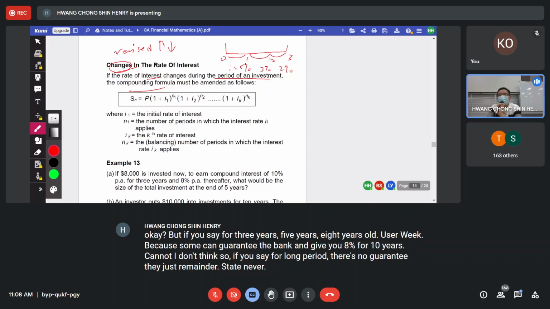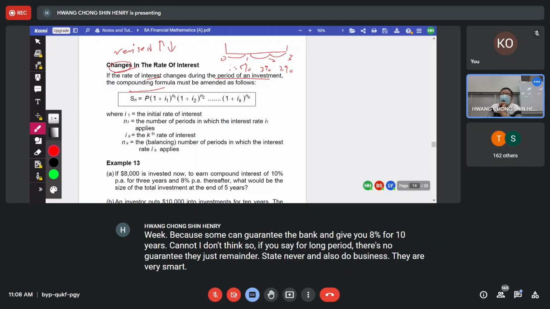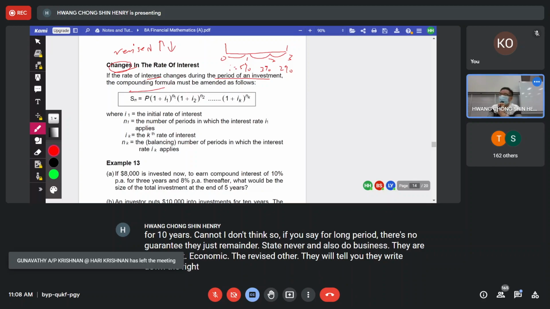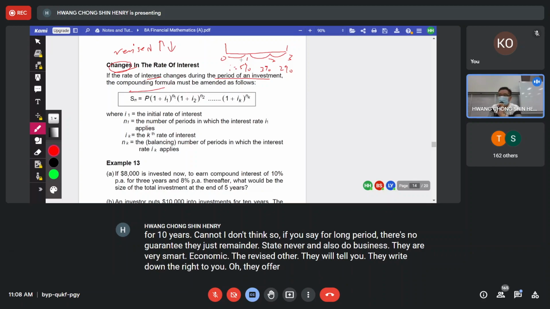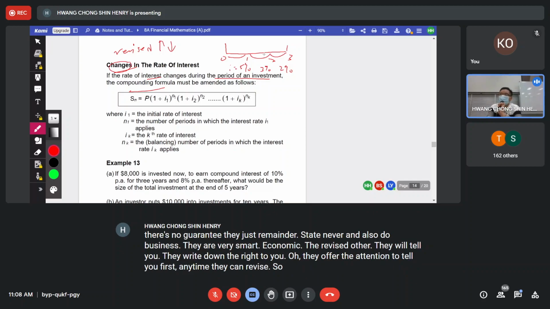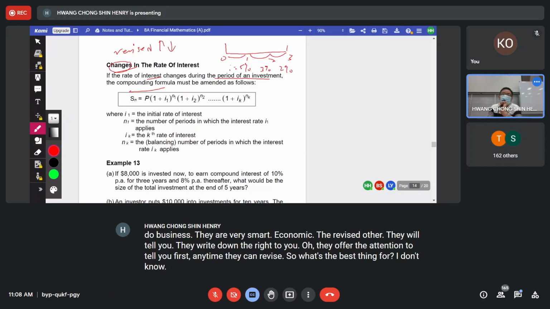Never. Banks also do business. They are very smart. When the economy is bad, they revise down. They will write to you, or they will offer a package to tell you first. Anytime they can revise.